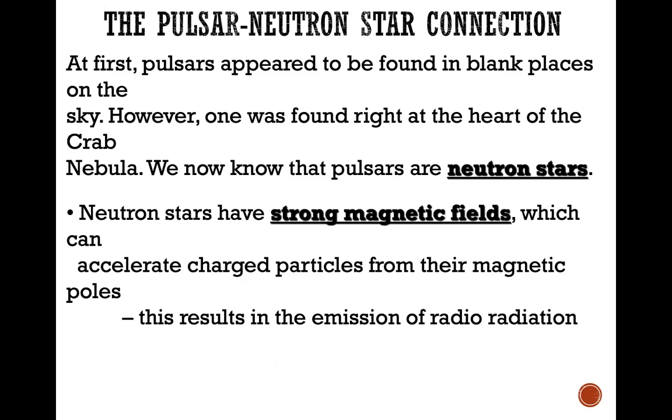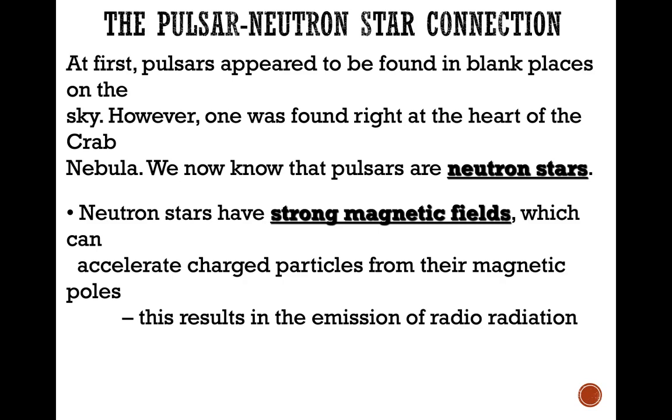However, there was one found right at the heart of the Crab Nebula. Remember, the Crab Nebula is one of the supernova remnants that we discussed in the previous lecture, and astronomers found one of these pulsars right at the heart of the Crab Nebula.